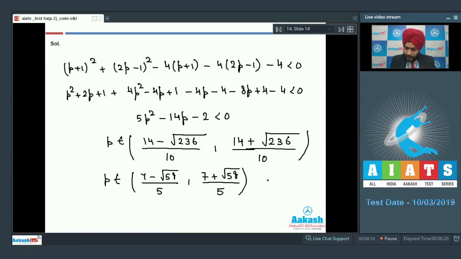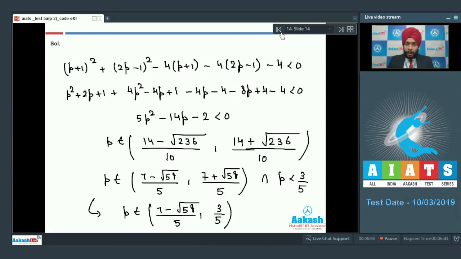This condition intersection with p less than 3 by 5. So what do we get in the end? We get that p belongs to 7 minus root 59 upon 5, which is a negative quantity, up to 3 by 5. So these are the two conditions. So this is the interval of p.